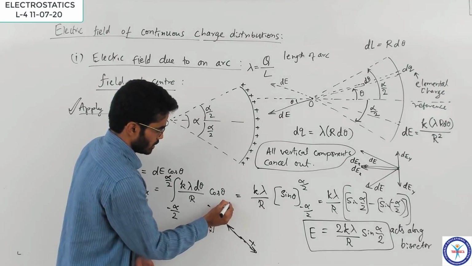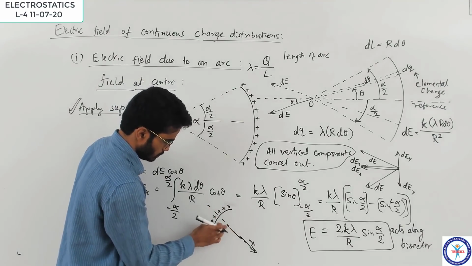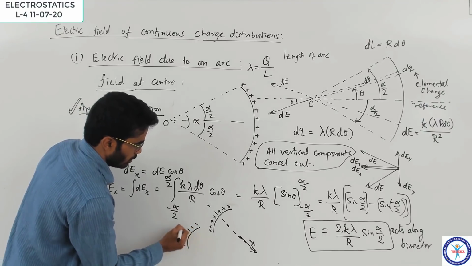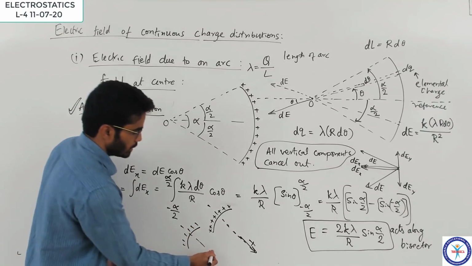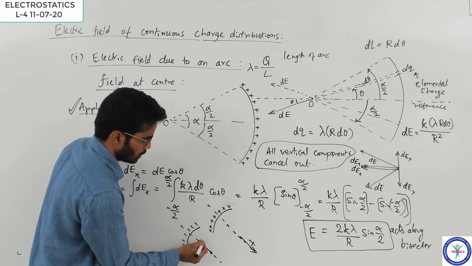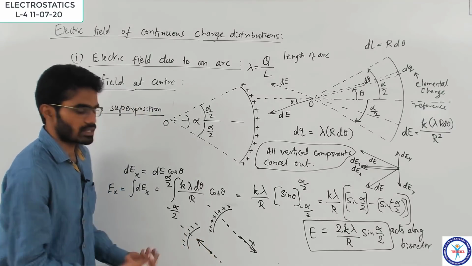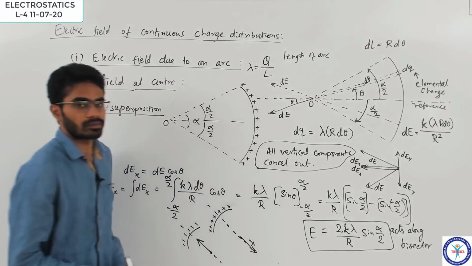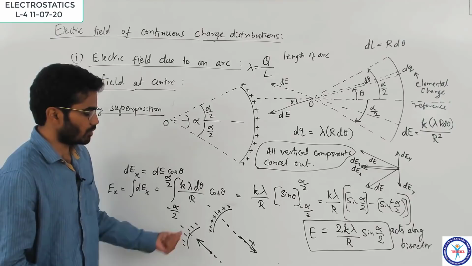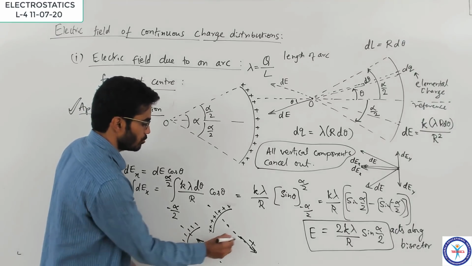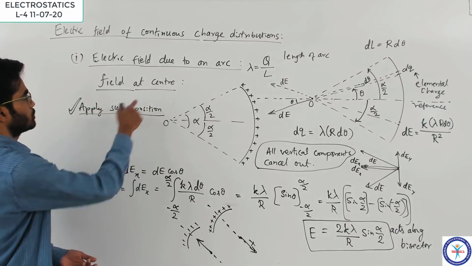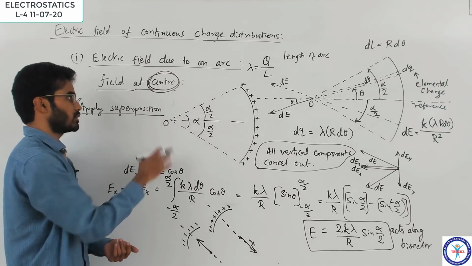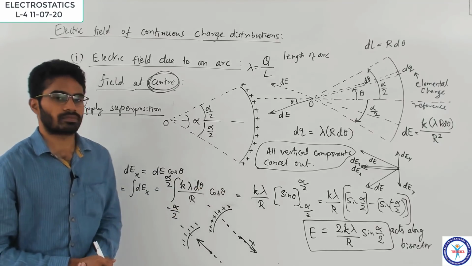And if it is negative charges, the field will be again along the bisector, but towards the charges. So that is the difference. The direction is changing, but the magnitude will be the same value, right? Depending on the sign, you have to take the direction. And this is the field which we calculated at the center. Remember this, at the center, not any other point. At the center, the field is of this value.